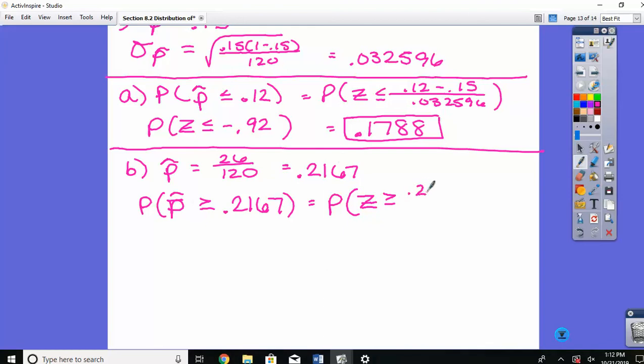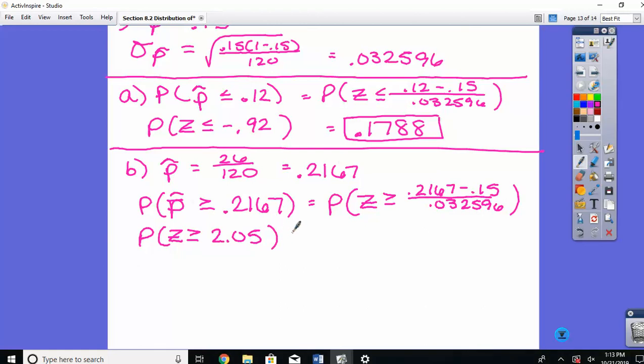So my x minus mu over sigma. So I guess the probability that z is greater than or equal to 2.05.